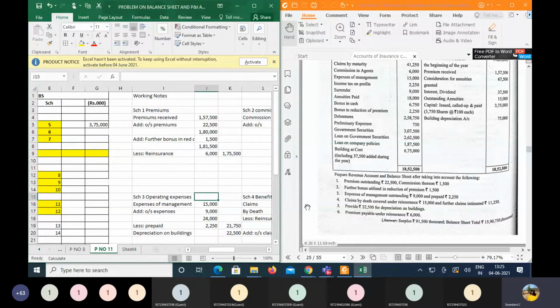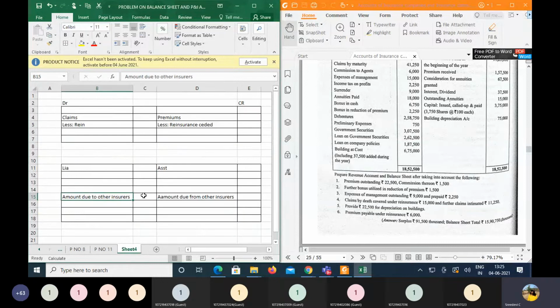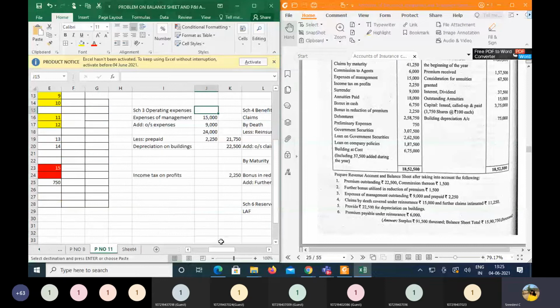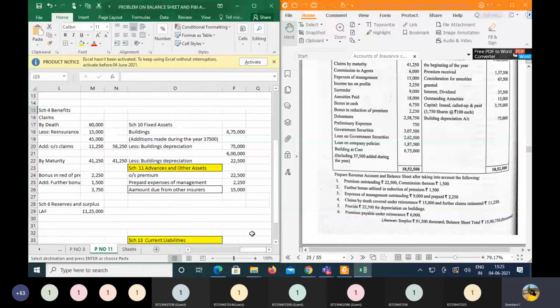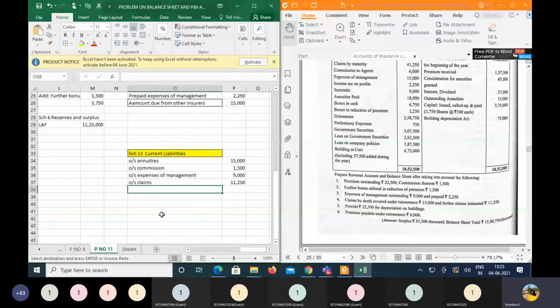As we have come to an end, the second effect of this is to take it under current liabilities. So go to the current liabilities and show it under amount due to, that is 6.